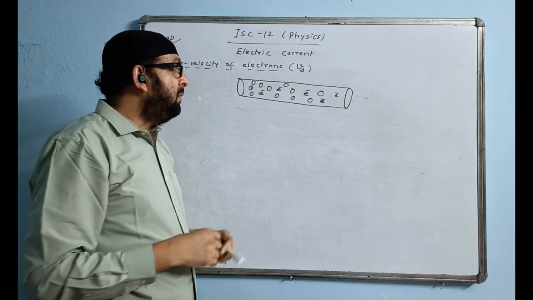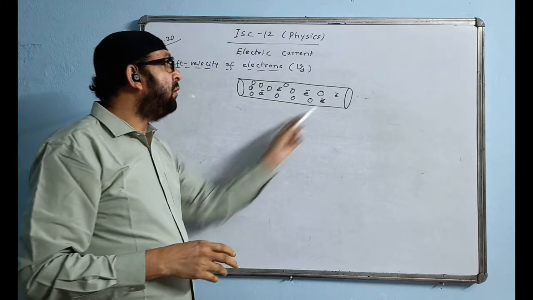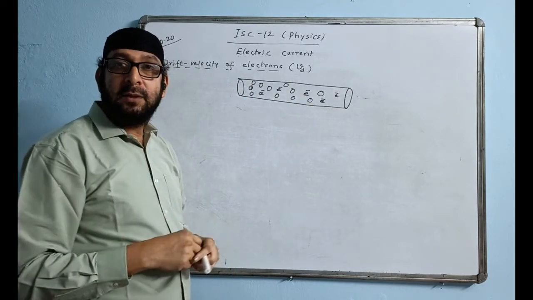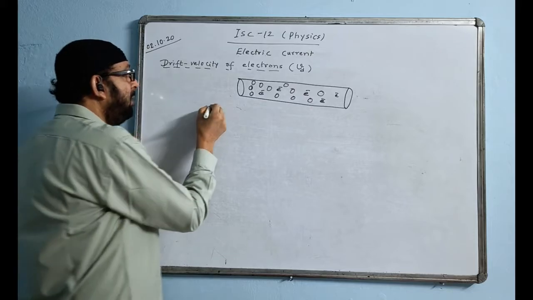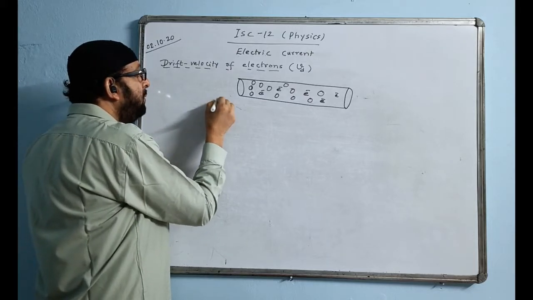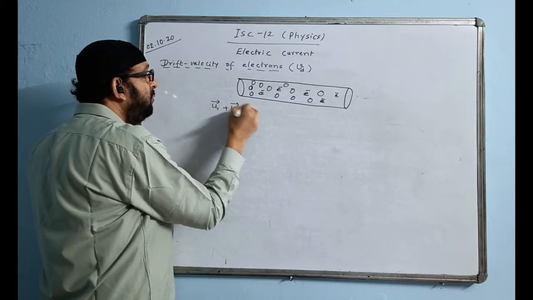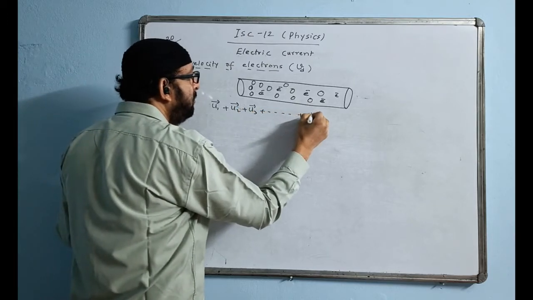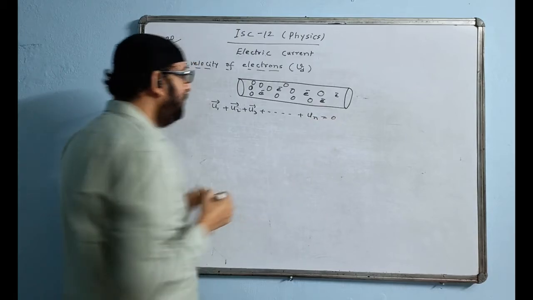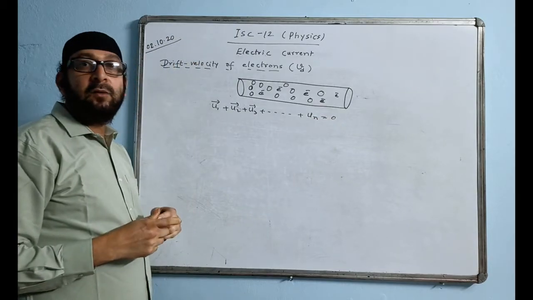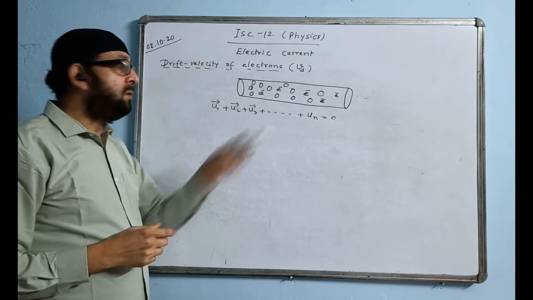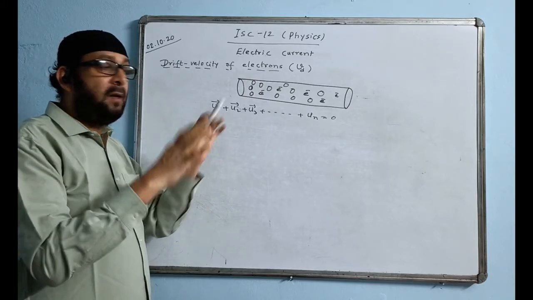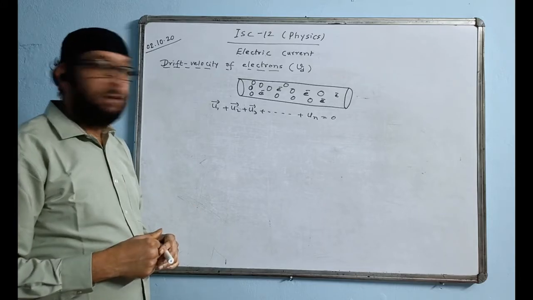That means the sum of the initial velocities of all the electrons is 0. We write u1 plus, vector-wise, u2 plus u3 and so on plus un equal to 0. This is the situation where no electric field is applied.